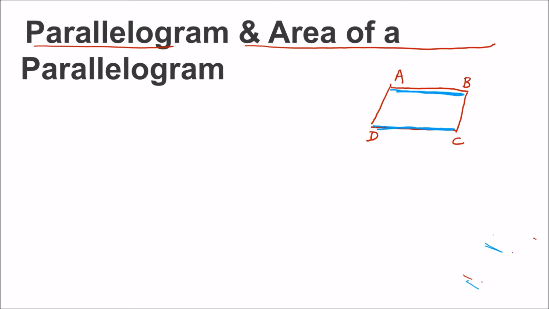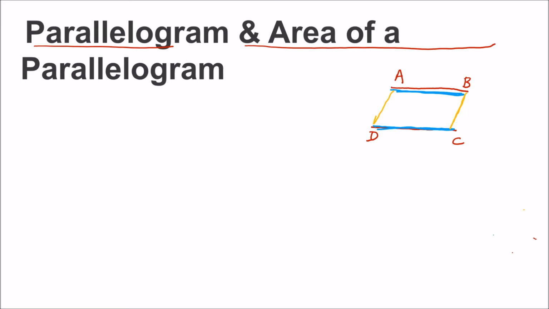That means one pair of opposite sides is parallel, and the other pair, side AD and side BC, are also parallel to each other. So both pairs of opposite sides of the quadrilateral are parallel, hence it is called a parallelogram.